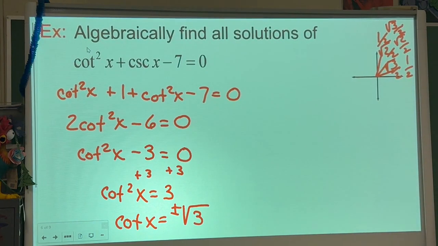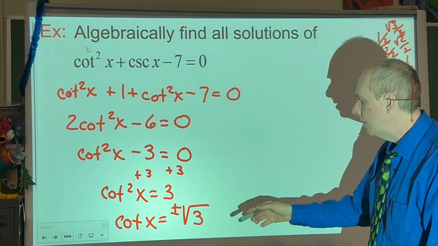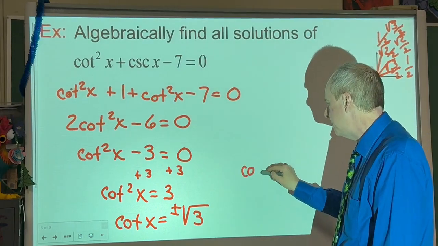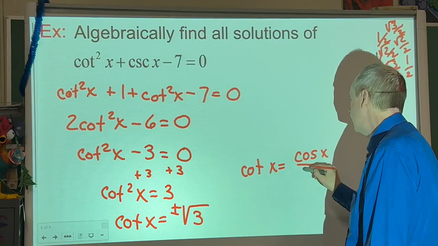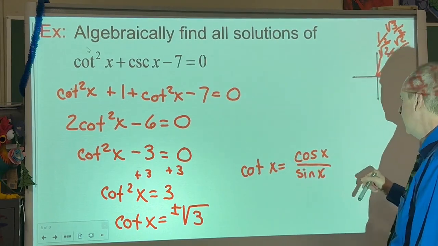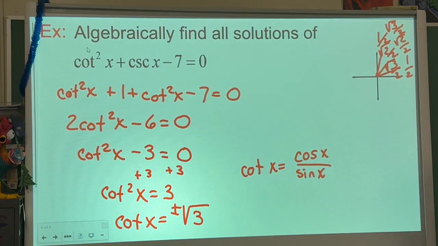Oh my goodness. Well, it's not 45 because cotangent is cosine divided by sine. And if they're both radical 2 over 2, you divide them out, you get 1. So it's not the 45.